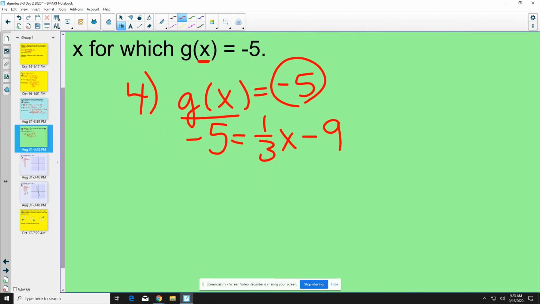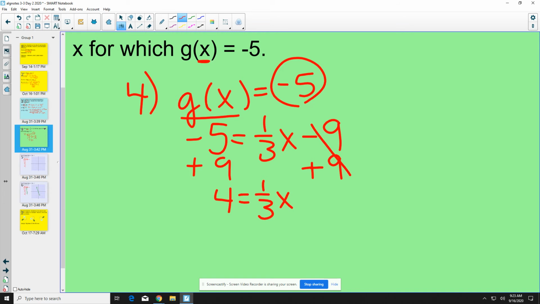So your first step would be to add 9, right? You're going to add 9 to both sides. Let's see, negative 5 plus 9 is 4. I get 4 equals 1/3 x. Then I multiply by the reciprocal. Good. And when I do this, these 3's cancel, and I get x equals 12.